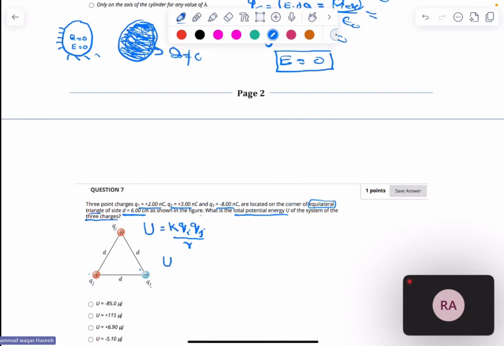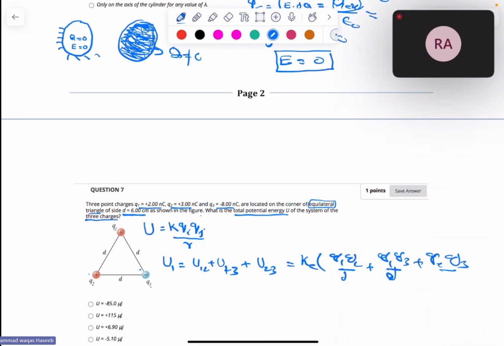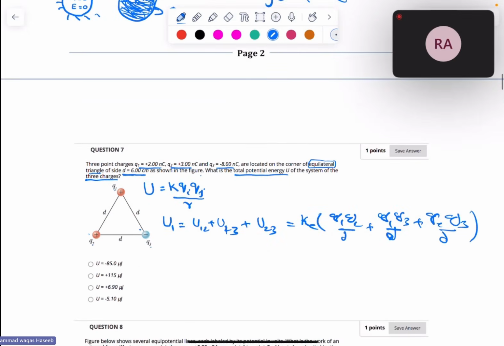So your total energy will be U12 plus U13 plus U23, which is Q1 Q2 over D plus Q1 Q3 over D plus Q2 Q3 over D. When we substitute the values, we have everything.